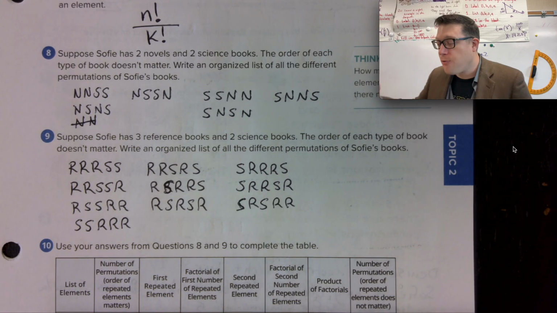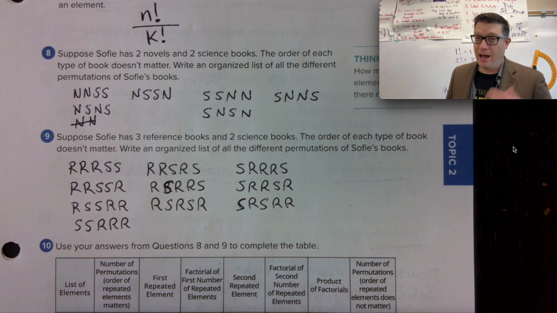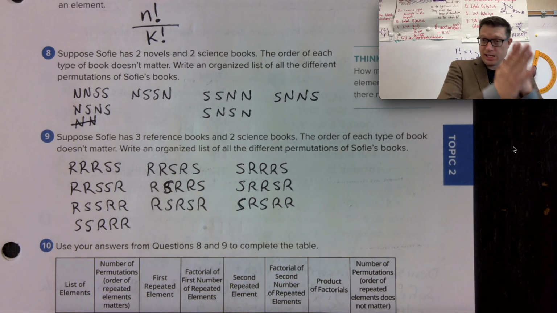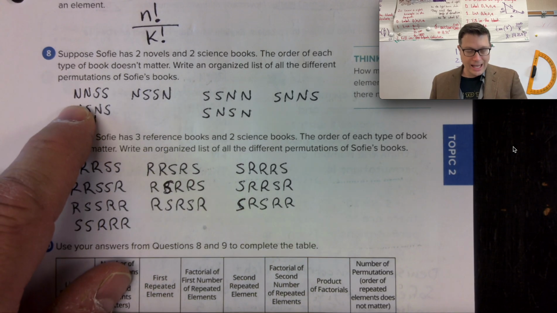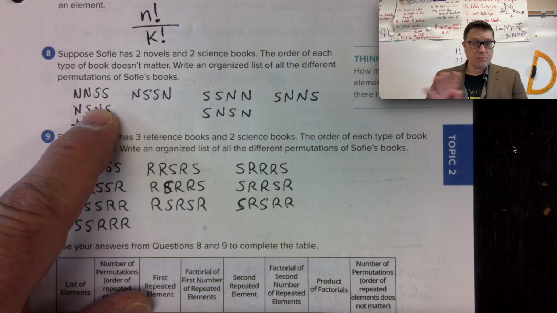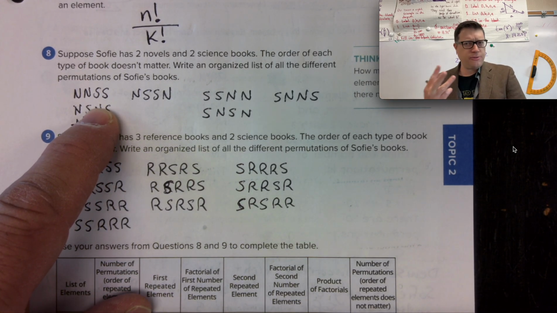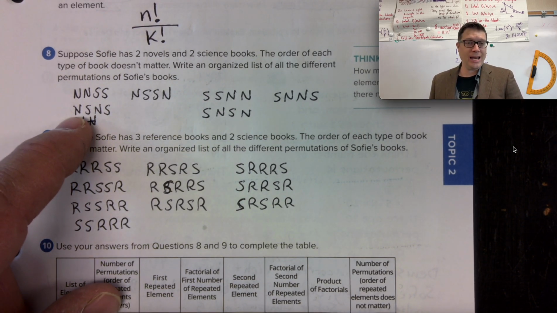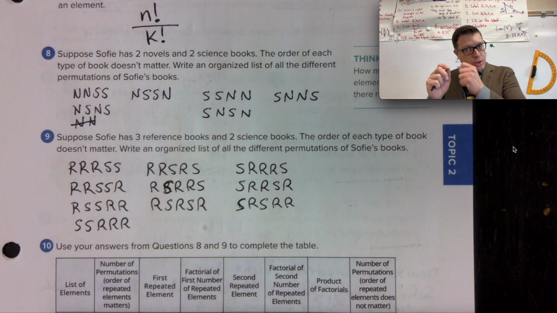So she has 24 different ways to arrange them, but every time it's a novel and a novel in this order, and if they switch, we're not going to worry about whether the order of the novels or science books switched. So this NNSS could be handled 2 different ways, 4 different ways actually, and we'll talk about why it's 4 in a little bit. NSNS is another way, just move one of those science books over.